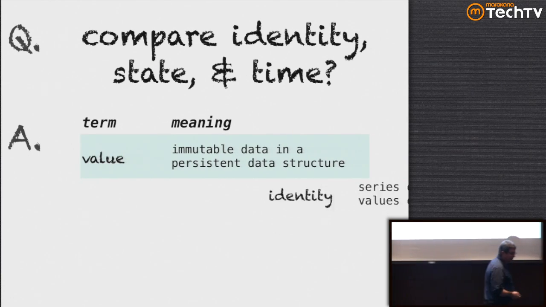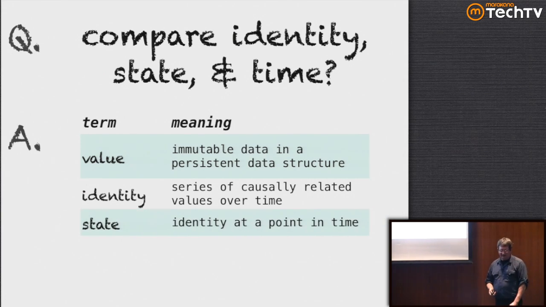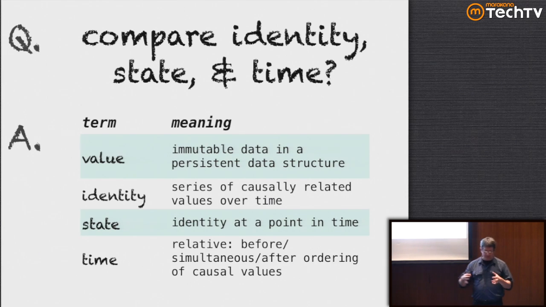So what they've done is kind of remap the idea of variables. A value is an immutable data in some persistent data structure somewhere. Identity is a series of causally related values over time. State is identity at some point in time, and time is relative. It's before, it's simultaneous, it's after. But ultimately, and this is a campaign that Rich has been on, we've got to start adding time awareness into our code.